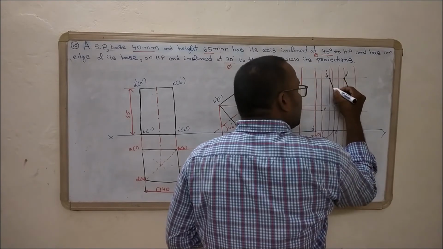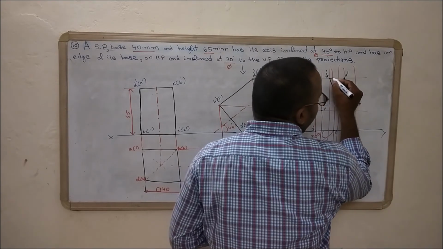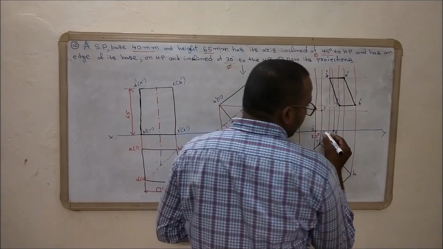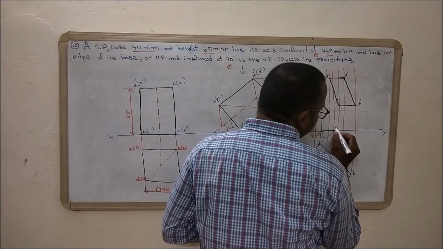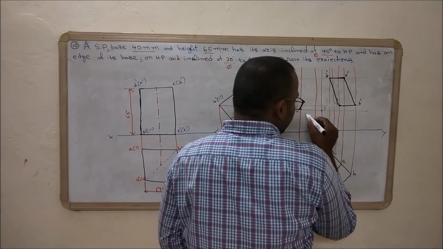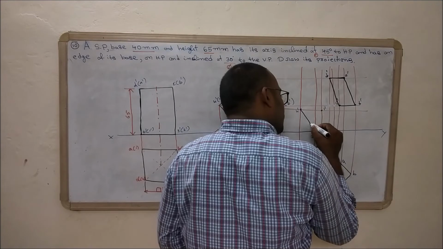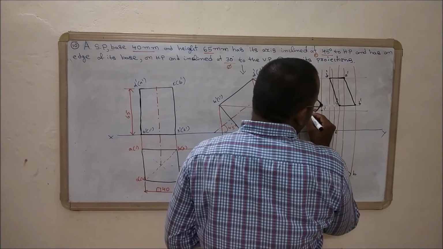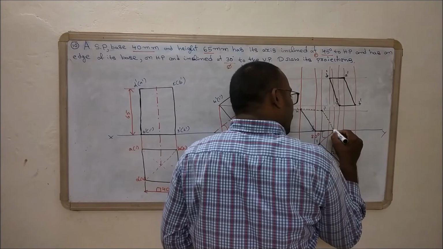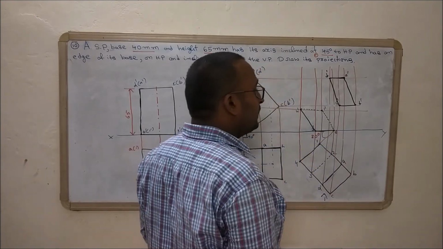ABCD is completely visible. Then here the base surface will be visible. So here 4 3 is visible, 4 1 dash, and then 1 dash 2 dash will be invisible.